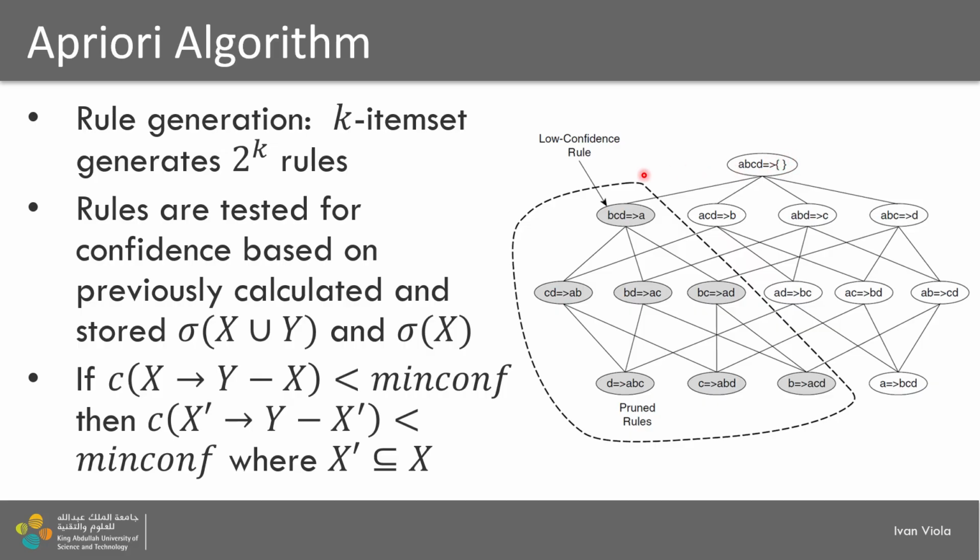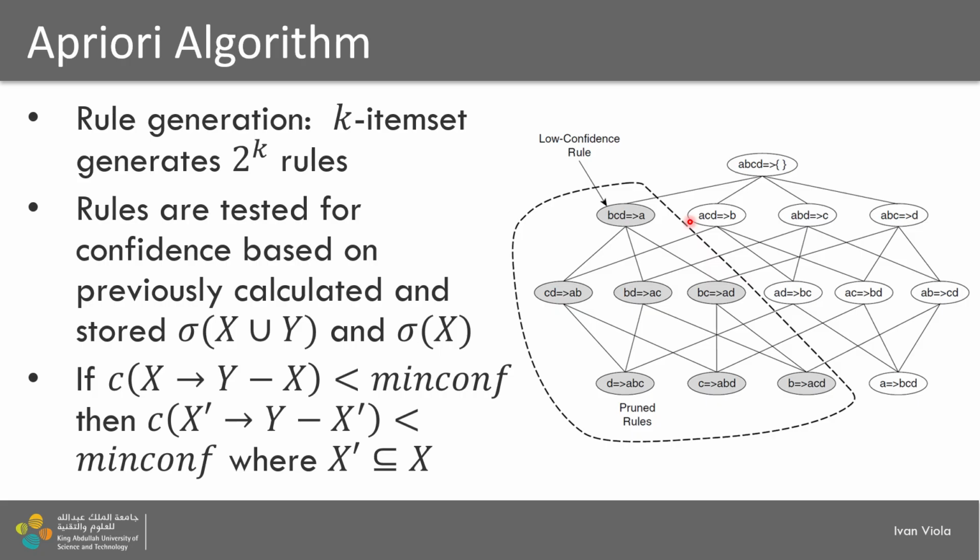But then the first level will be that 3 of the items, a 3-item set, will imply a 1-item set, where we vary which is the 1-item set, and the rest is in the 3-item set on the left-hand side of the implication. So these are the 4 rules which we can create from this 4-item set, implying just a single item from the 3-item set occurrence.